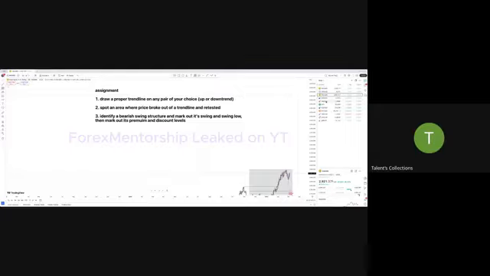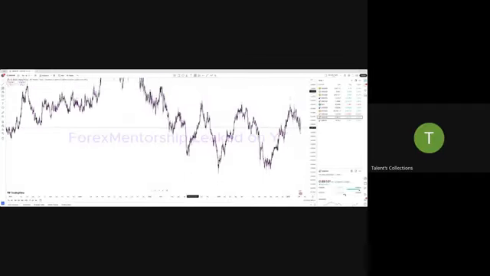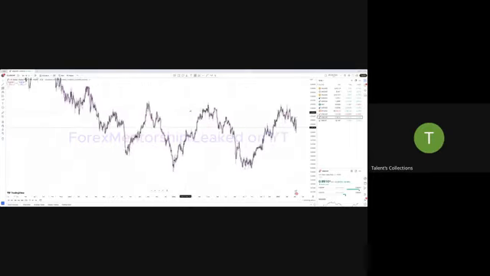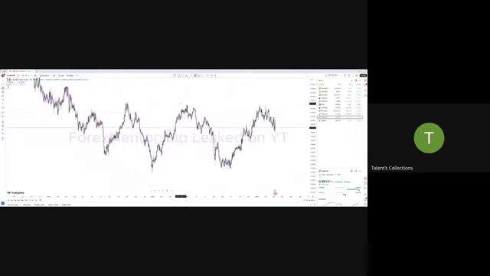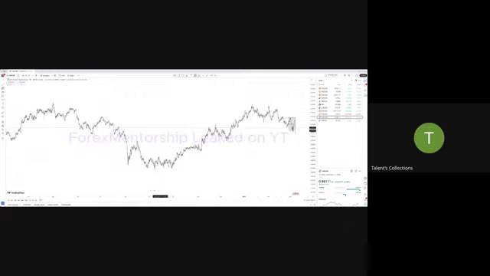Which pair has been bearish? USD has been bearish. So identify a bearish swing leg, a bearish swing structure. Let me go down and use the four-hour. Although it is clear here, let me use the four-hour. You can use the four-hour time frame, you can use the 1 hour time frame, anyone.